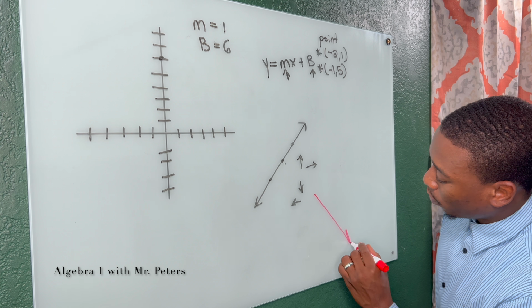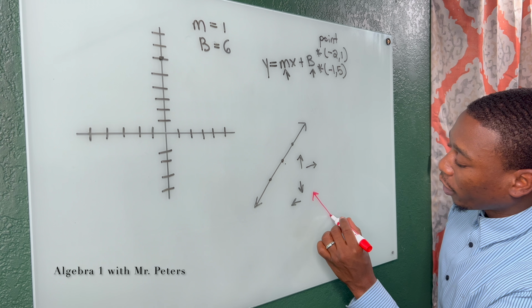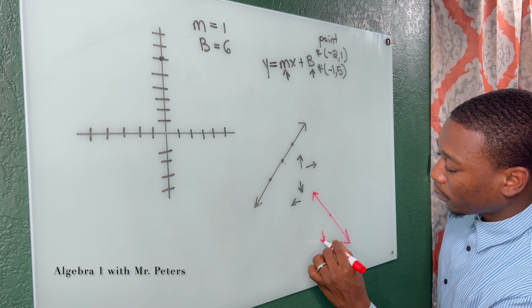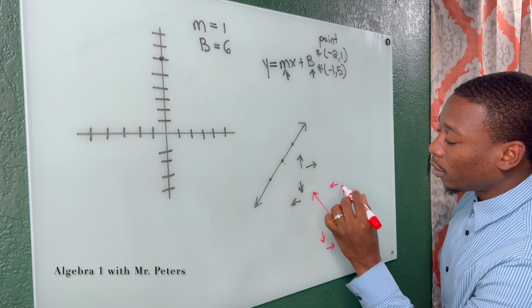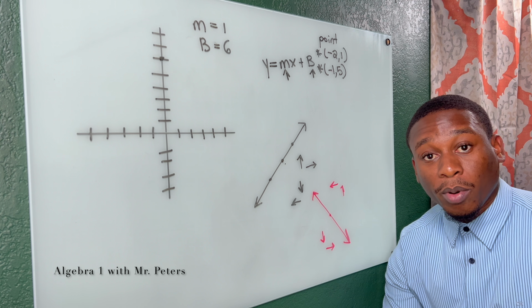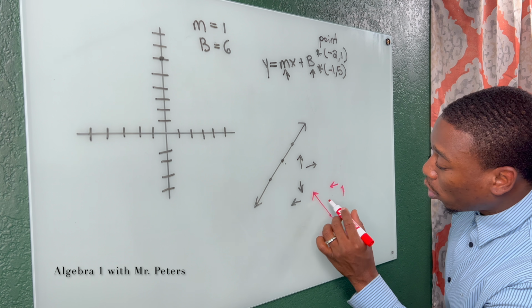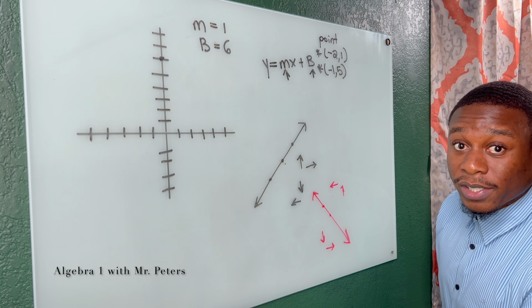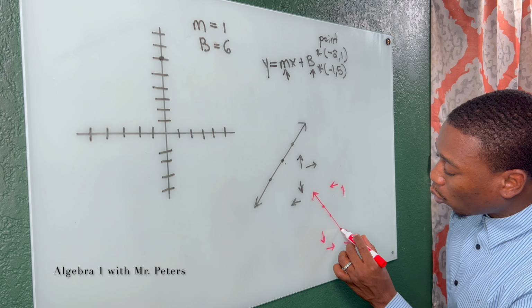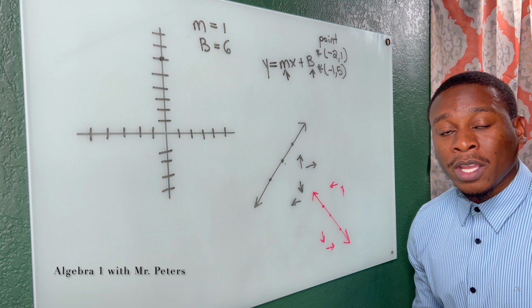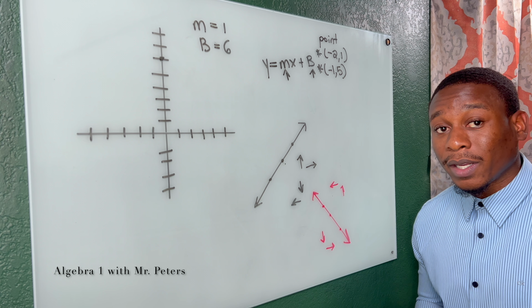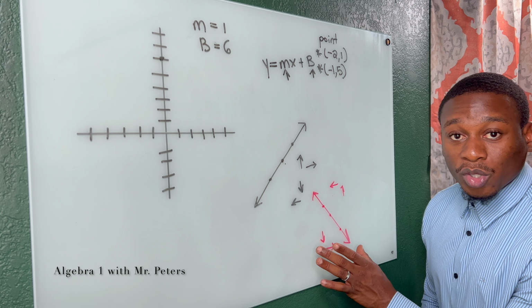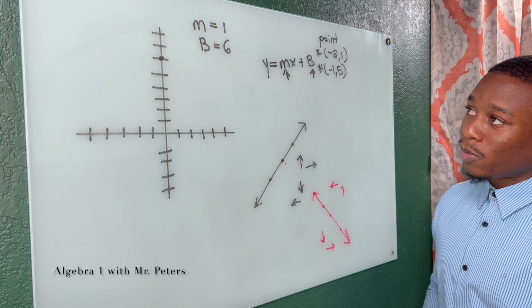For a negative slope, I'm sorry, what we want to do is go down and to the right or up and to the left. So with this same problem, right, we go up 1 over 1, we're on the same line. Down 1 over 1 to the right, we're on the same line. So if you struggle with knowing what direction to go for positive and negative slope, this is always going to help you.